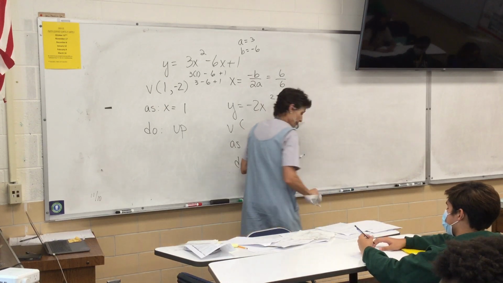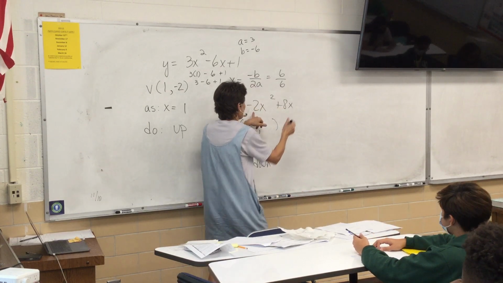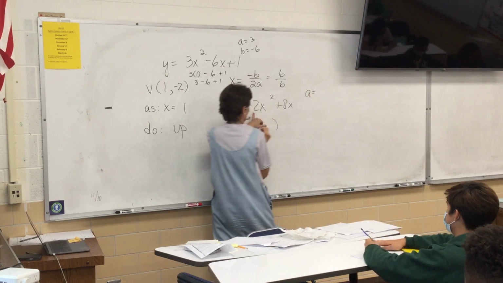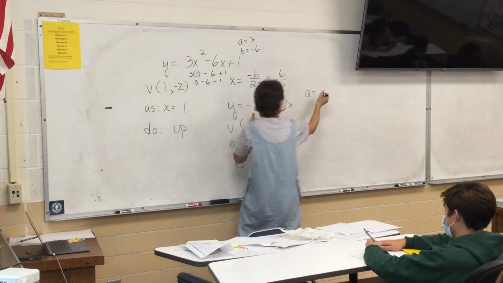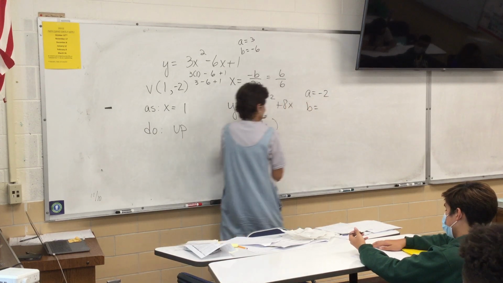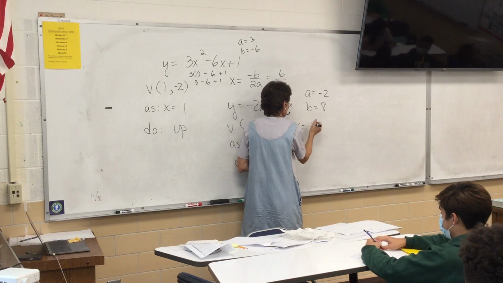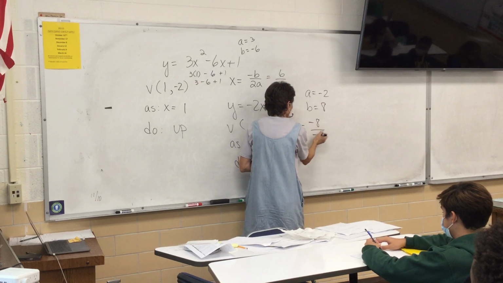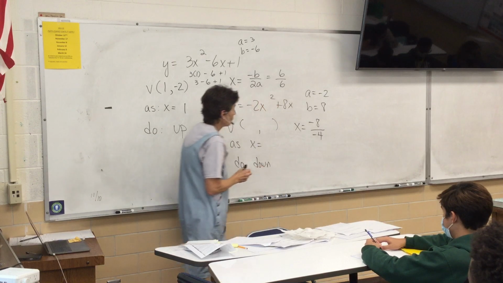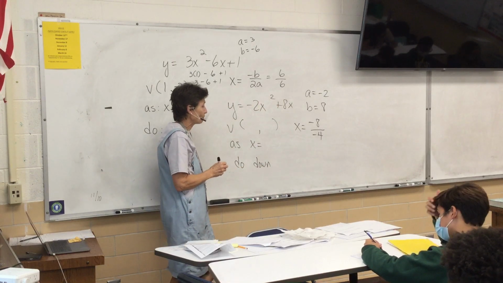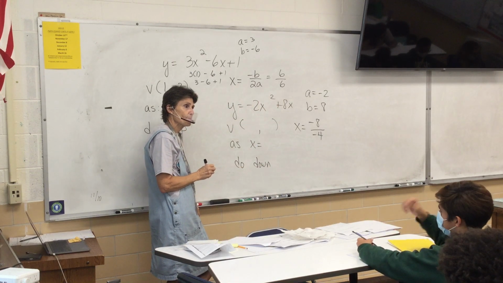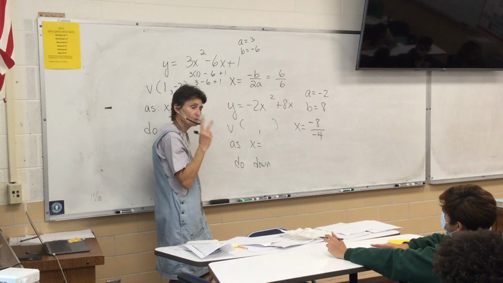All right, in this problem, what's a? What's my a? Negative 2. What's my b? 8. So negative b over 2a will be negative 8 over negative 4, which is 2.